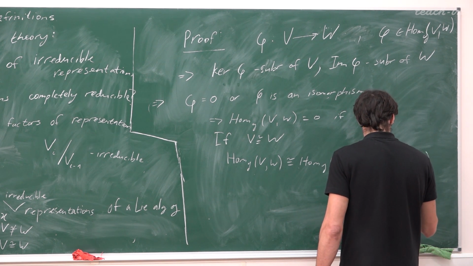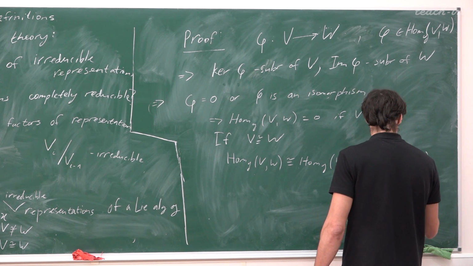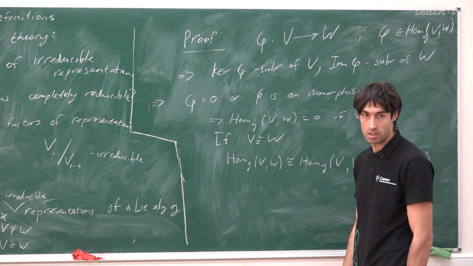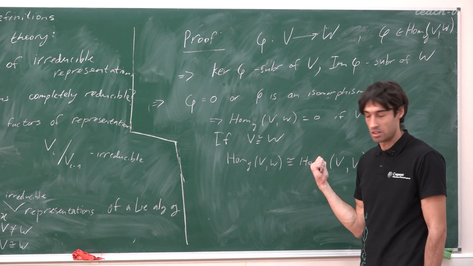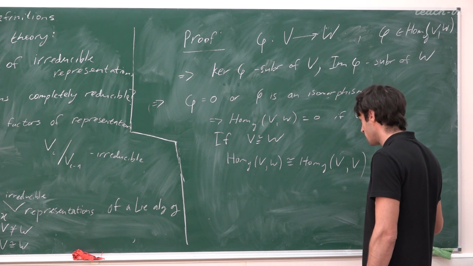Let me take some element in here, so let it be phi. So let me choose some element phi in here. Right, it's just a matrix. It's just a linear transformation of V, with some additional properties. So it's a linear transformation.